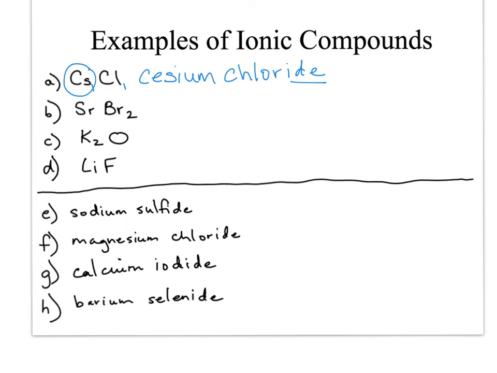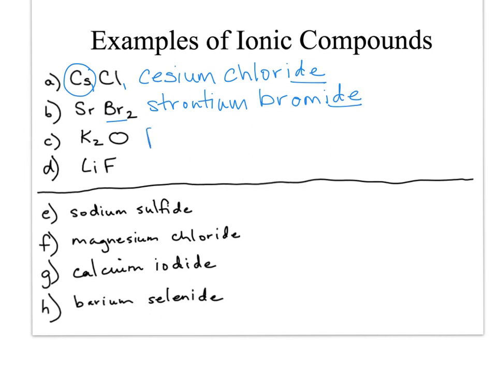My next chemical compound, I have Sr, which stands for strontium, which is a metal, so I write the full name. And it combines with bromine, and bromine is my non-metal, so bromine becomes bromide. So this is strontium bromide.